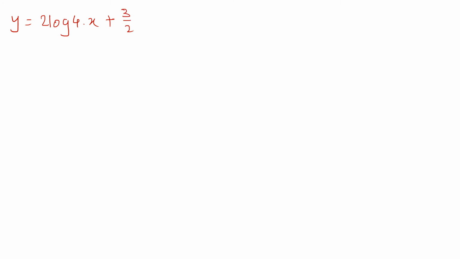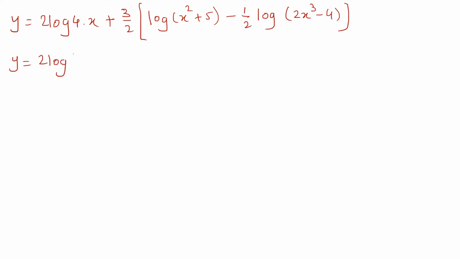Further, log of x square plus 5 minus, now this power 1 by 2, again I'm taking ahead, and this is 1 by 2 log of 2x cube minus 4. So y is equal to 2 log 4 into x plus 3 by 2 log of x square plus 5 minus 3 by 4 log of 2x cube minus 4.